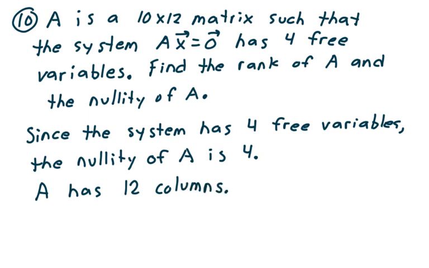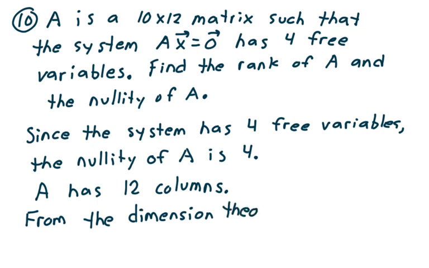So remember from the dimension theorem, if I take the rank of A and I add it to the nullity of A, I get 12 back, right?